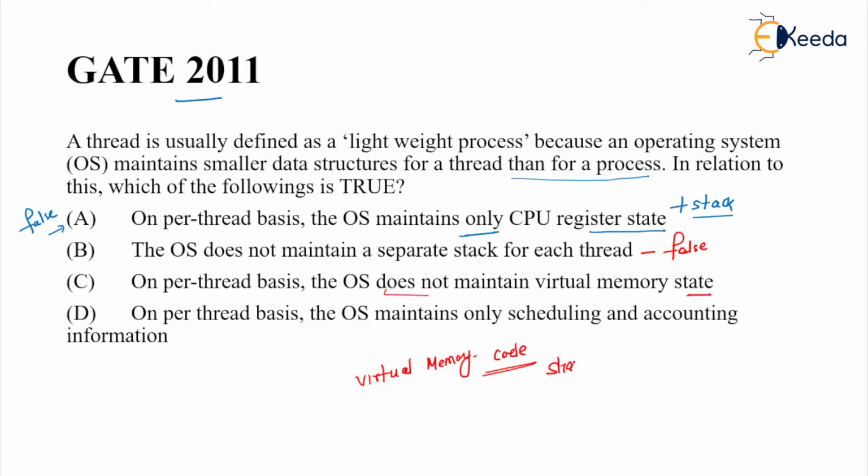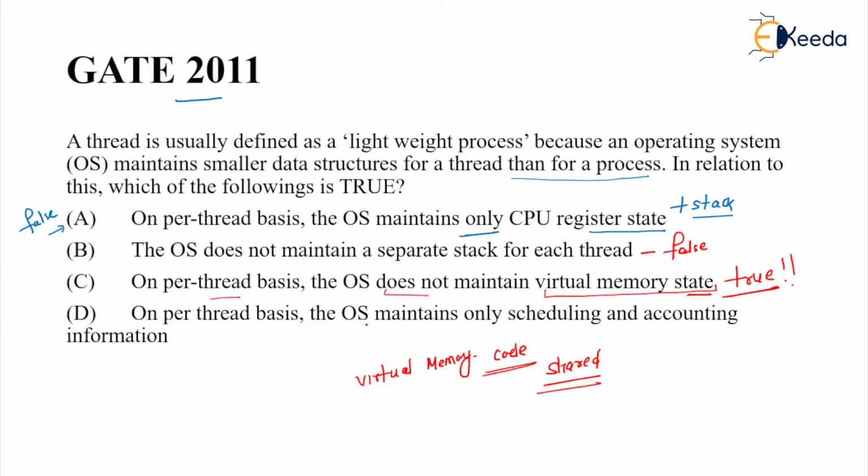That is one of the advantages. So the statement that on a per thread basis the OS does not maintain virtual memory state seems to be true, because they share it.